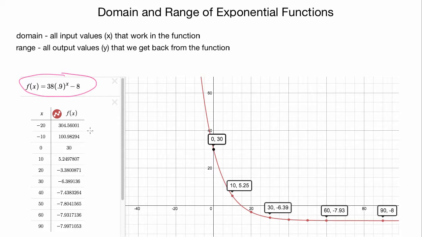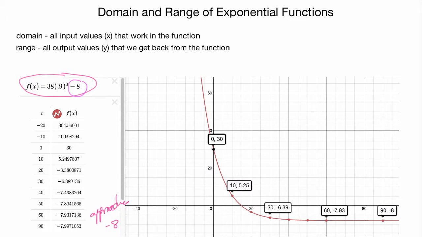And you can see by looking at the table, it approaches -8, right? It's going to get very close to -8 because I subtracted 8 from the function, but it's never ever going to quite reach it.